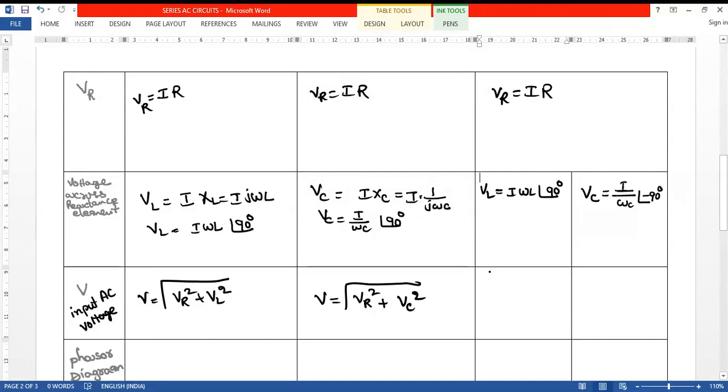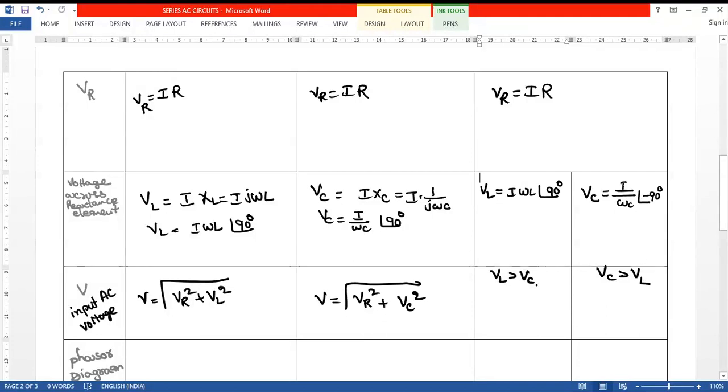Here, if VL is greater than VC or VC greater than VL, we have two cases. The first one is VL greater than VC, the second one is VC greater than VL.